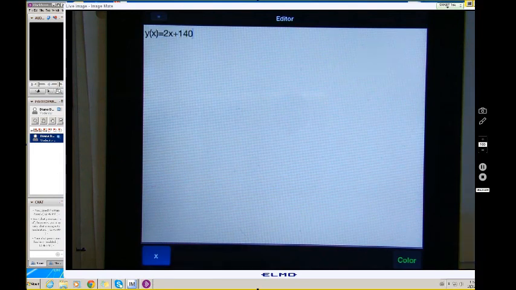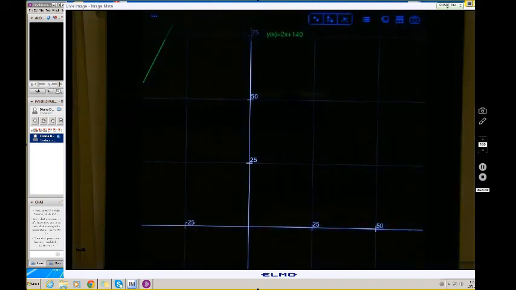Okay? And then you just hit save, and it takes you back and graphs it. Has everybody got the one line in? Use 2x plus 140 and then hit save.